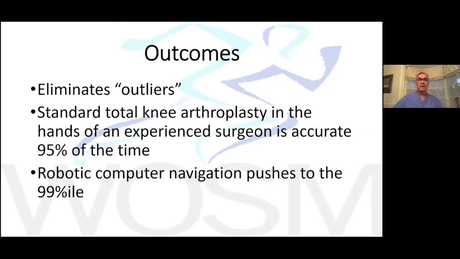If we can minimize bone loss, optimize implant alignment, and minimize soft tissue dissection to a less and less invasive approach, I think that speaks for itself in regard to the value of this technology in the years to come. It's worth repeating that the standard total knee arthroplasty in the hands of an experienced surgeon is accurate 95 plus% of the time.